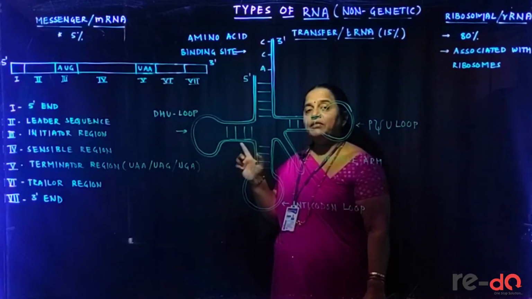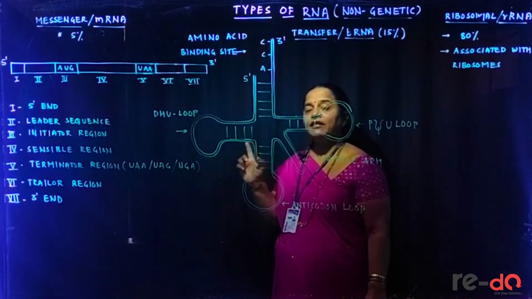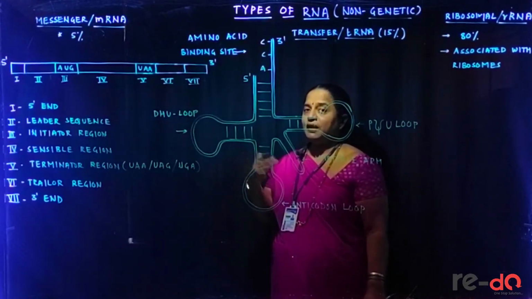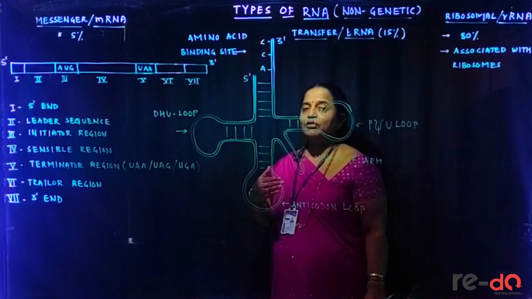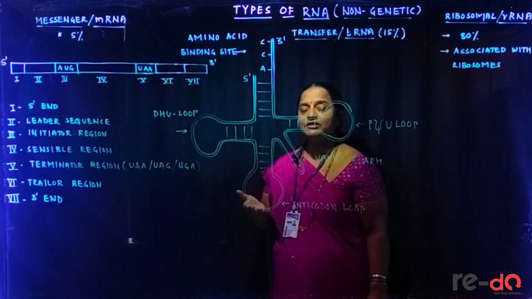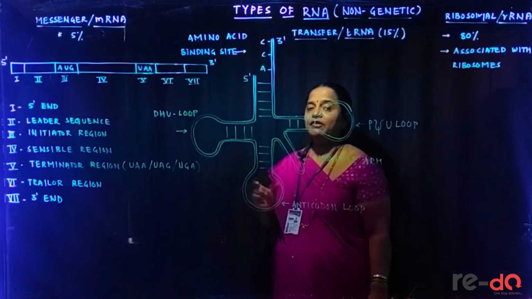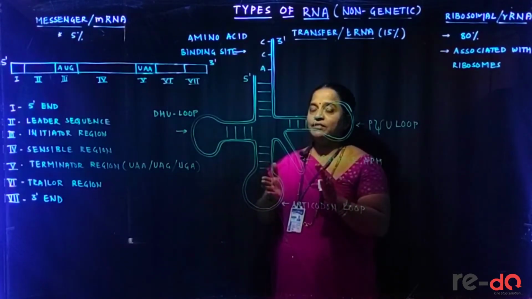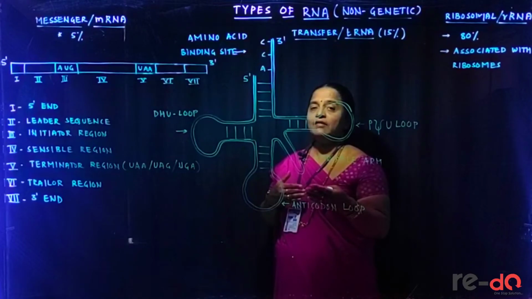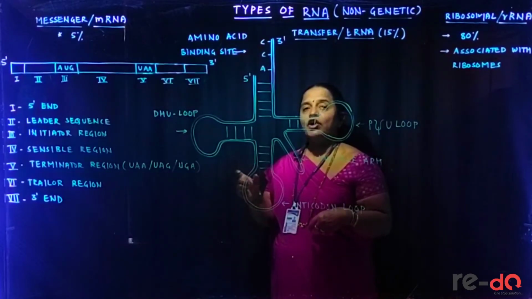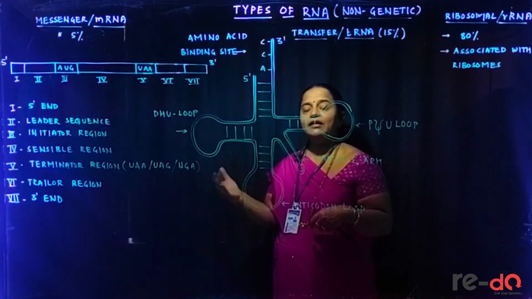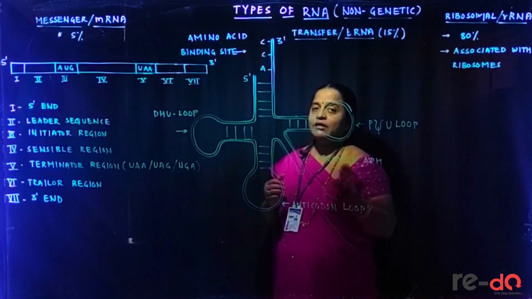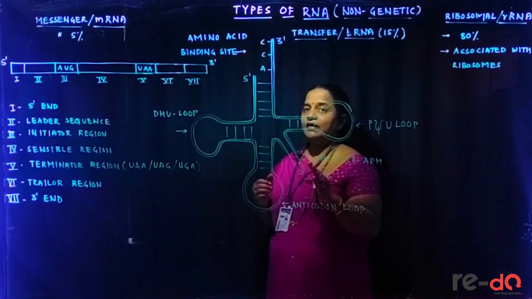Just recall from the previous session, when I explained transcription in eukaryotes, after splicing, the hnRNA is transformed into functional messenger RNA, where introns are cleaved and exons are brought together. Soon after splicing, capping occurs where methylated bases are added, and tailing occurs where adenylated bases are added.